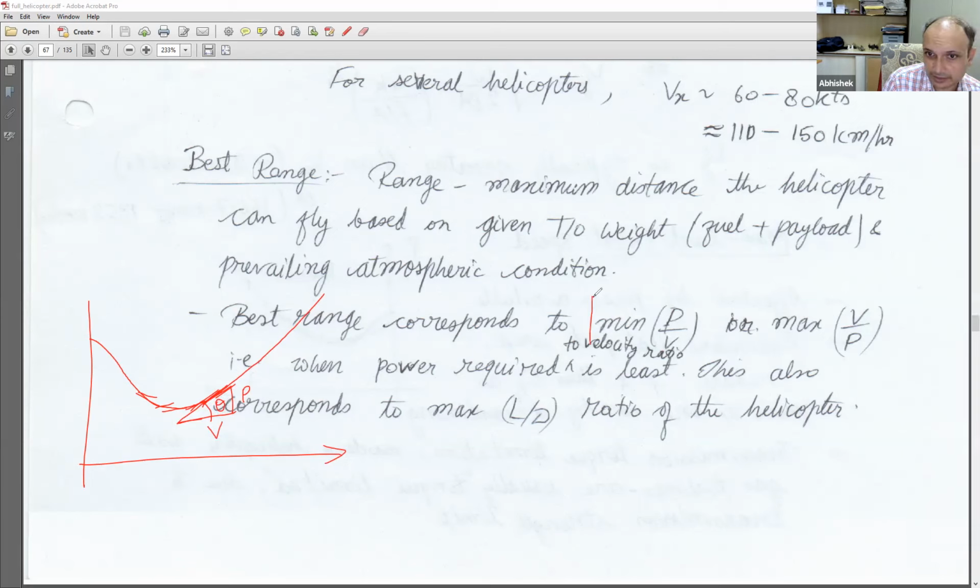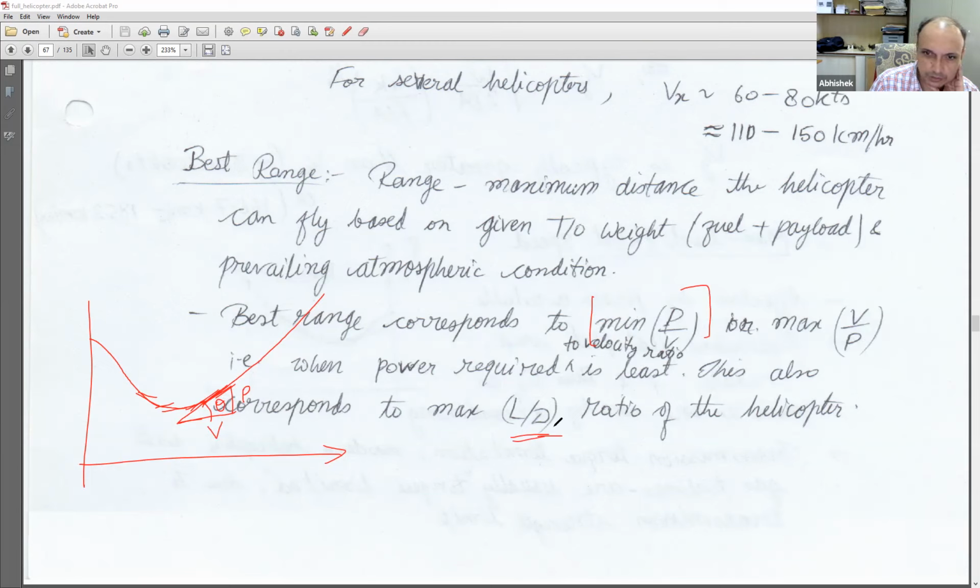So the tangent to this line would actually give me minimum P by V, minimum power to velocity ratio. Or in other terms, we actually want to maximize the velocity to power ratio. That is, my velocity per unit of power should be maximum. And this is the same as L by D, lift to drag ratio.